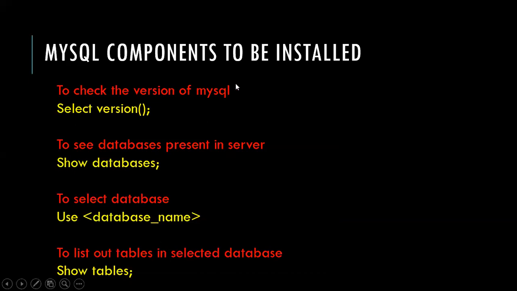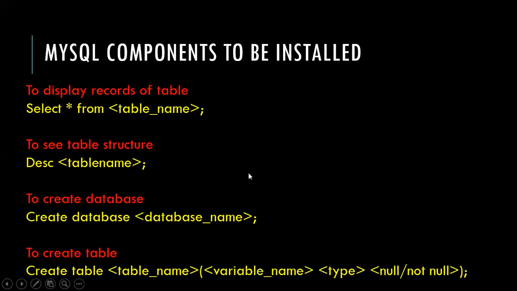To check the version of MySQL, you can write the query select version(); with brackets and a semicolon. To see the databases present in the server, show databases; and to select a database, use database name. To list the tables in the selected database, show tables. All this we did now.